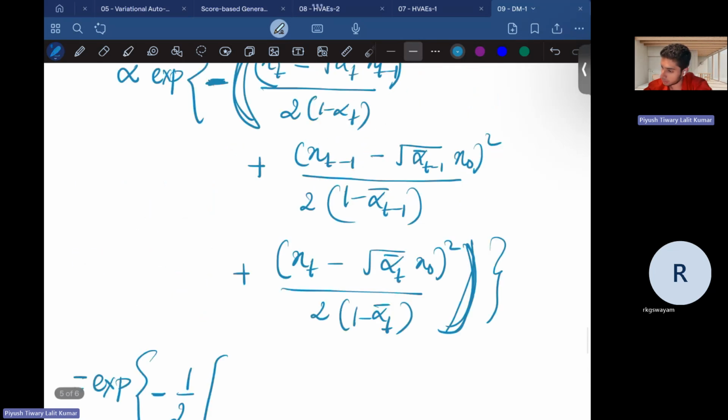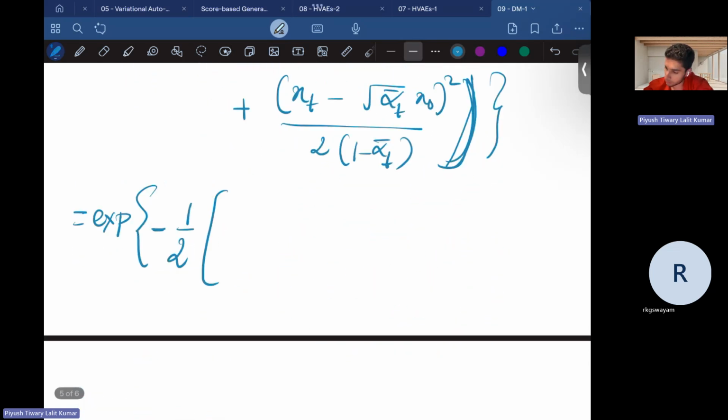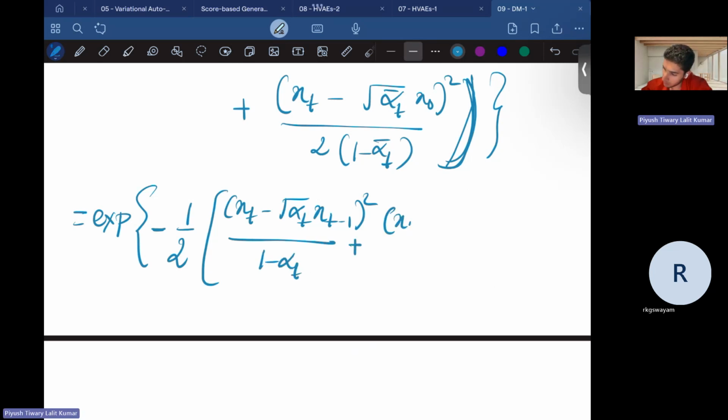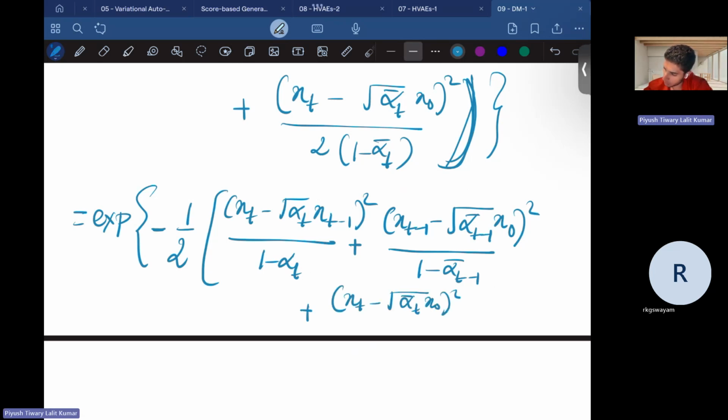First term is xt, again the same thing: xt minus square root of alpha t xt minus 1 whole square by 1 minus alpha t, plus xt minus 1 minus square root of alpha t minus 1 bar x naught whole square divided by 1 minus alpha t minus 1 bar, plus xt minus square root of alpha t bar x naught whole square by 1 minus alpha t bar, close the bracket. That's it. I've just written it a little concisely.